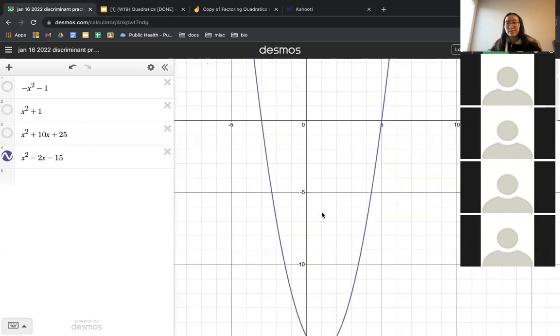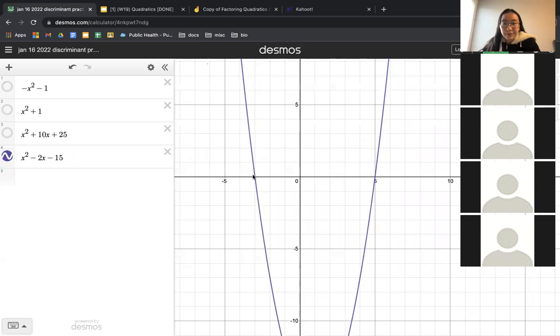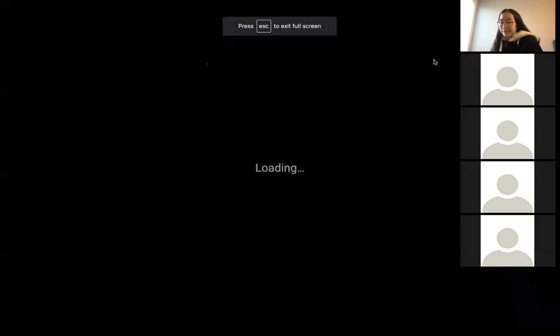Okay, so this next one is an example where the discriminant is actually a positive number. So that tells you that this is going to have two roots, and it does, -3 and 5. So if you did b squared minus 4ac on this equation, you would get a positive number. We're not going to do it right now. And this is something I would just write down really quick.